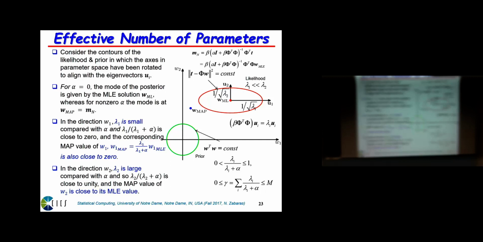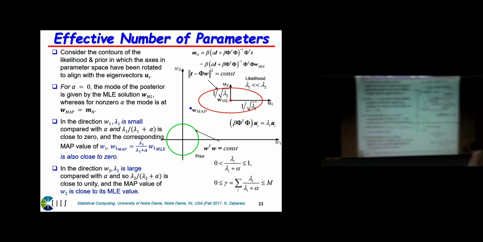Actually, I'm writing this in 2 dimensions, and I am doing this plot using the eigenvectors of that matrix that we discussed before, alpha I plus beta phi transpose phi. So the axes of these ellipses are oriented along the eigenvectors that we discussed.